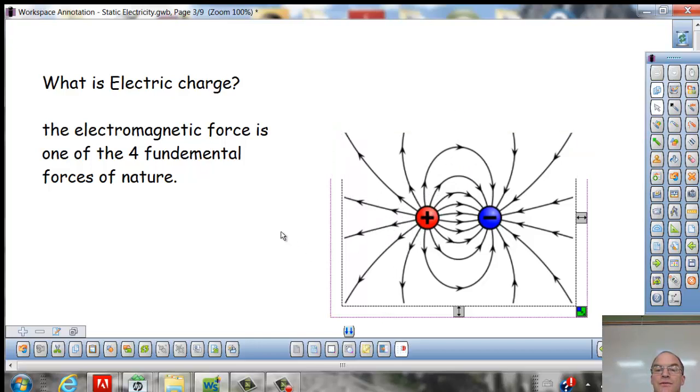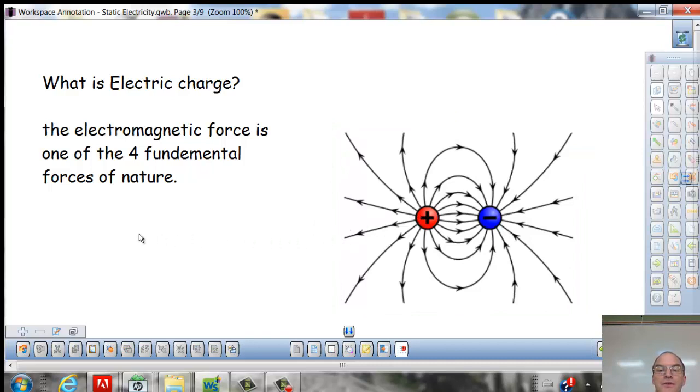But of course, as you get farther and farther away from the source, the amount of force gets weaker and weaker. But protons have a positive version of this force, while electrons have a negative version of this force.